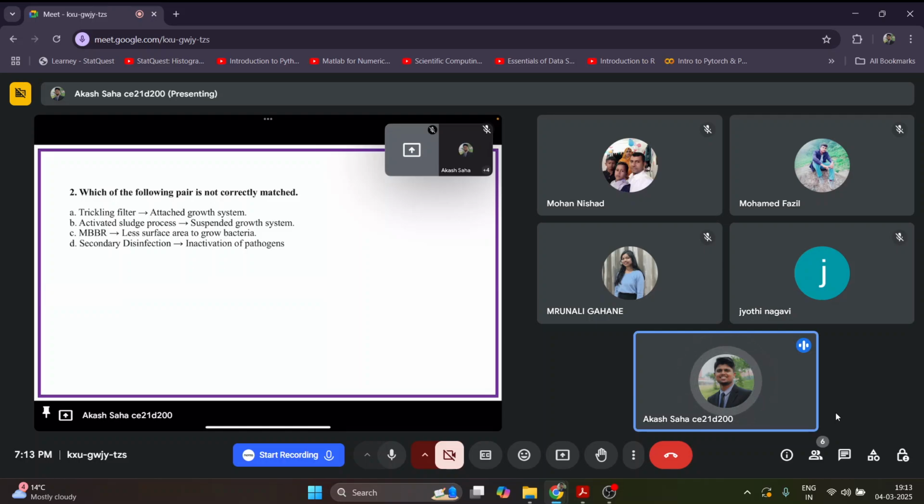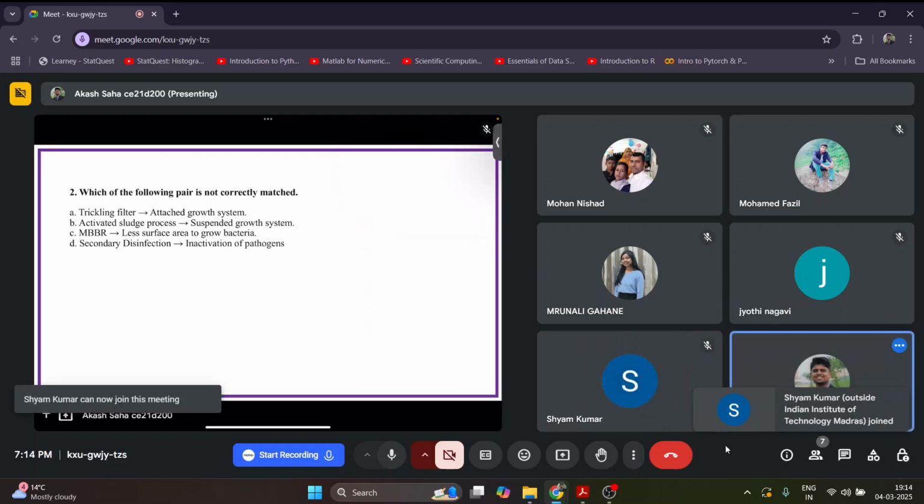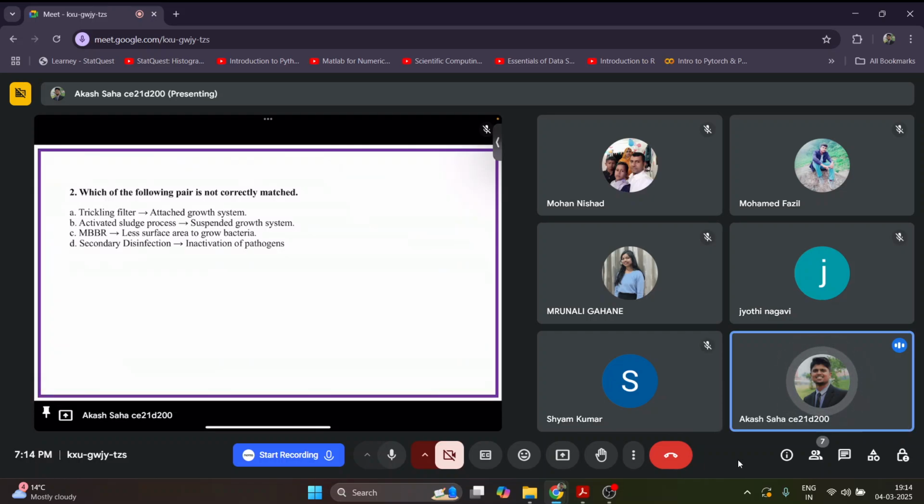Why are we going for MBBR when we already have an ASP system? What is the need of an MBBR? First of all, what is the full form of MBBR? Sir, moving bed biofilm reactor. Yes, moving bed biofilm reactor.